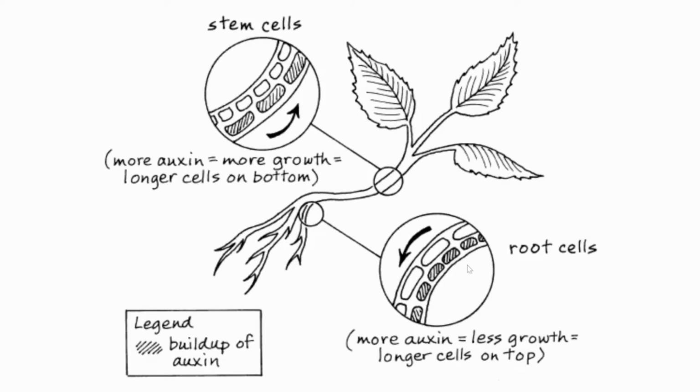In the roots, however, the buildup of the auxin on the lower side of the roots will inhibit elongation. So while there is an amount of natural elongation in cells, the auxin is going to stop that from happening. And so it will cause the plant roots to bend downwards. So that's the actual mechanism behind it, what's actually happening inside the plant.